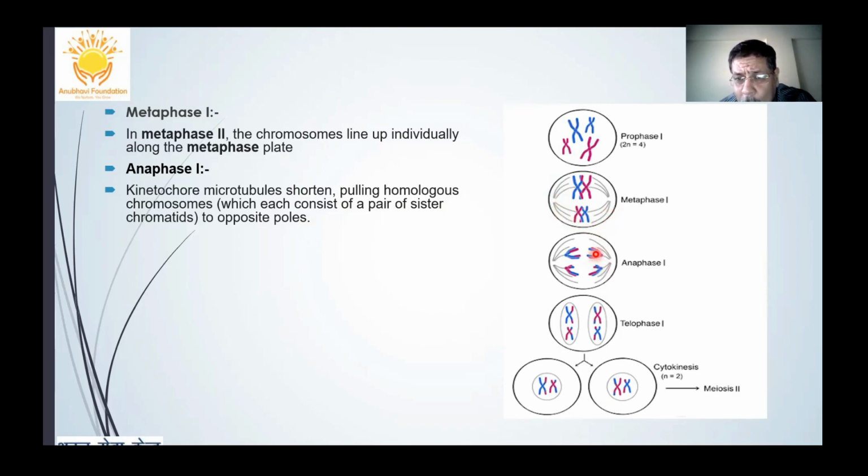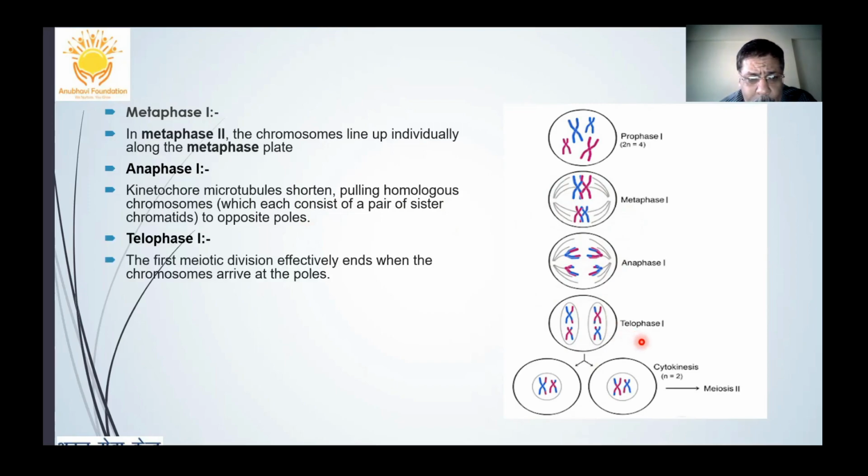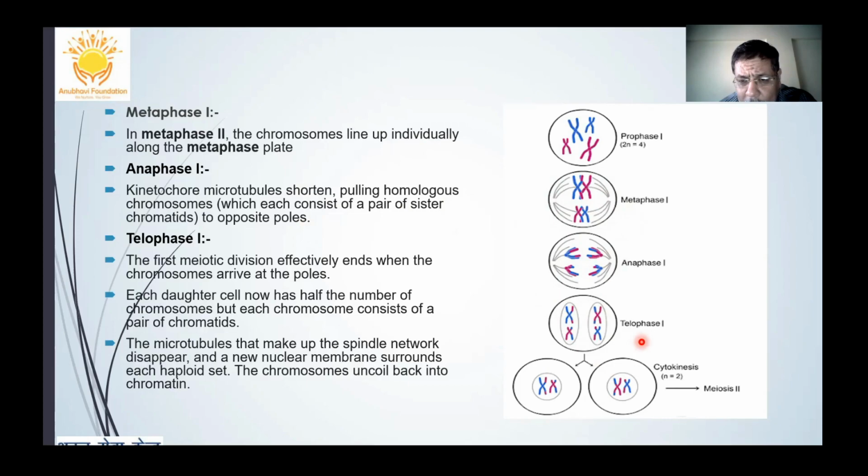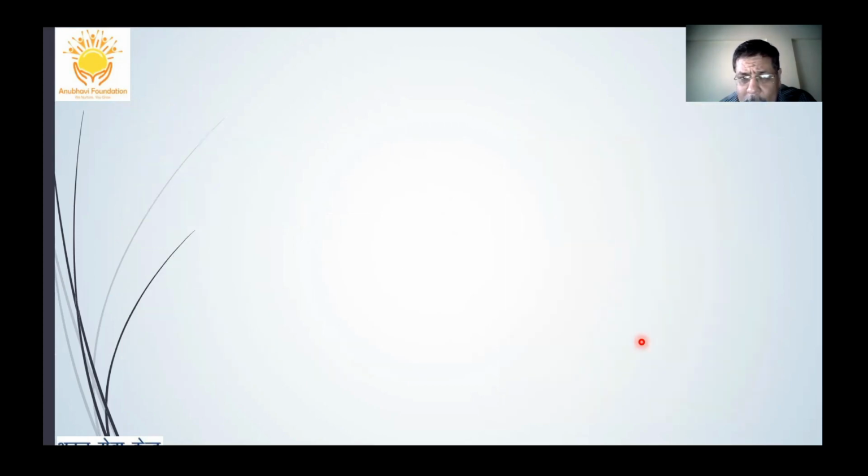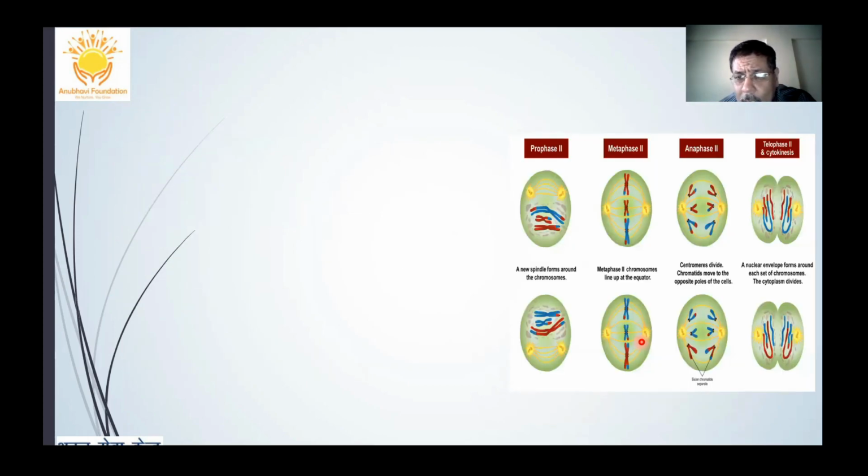They will pull the whole chromosome along with both the sister chromatids towards the opposite poles. So the full chromosome along with sister chromatids will separate. So half the number of chromosomes will reach here, half the chromosome number will reach there at the telophase stage. Okay, and after that the nucleus is formed and the cell will divide. That was meiosis 1.